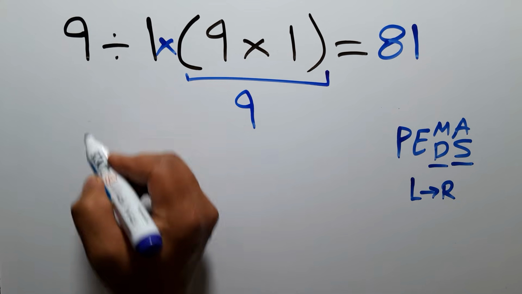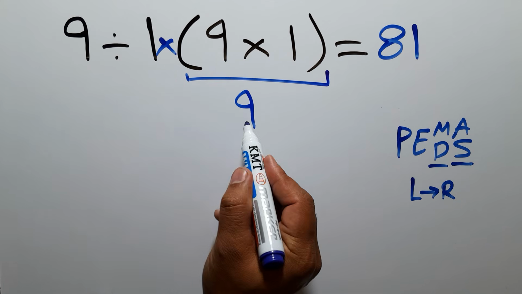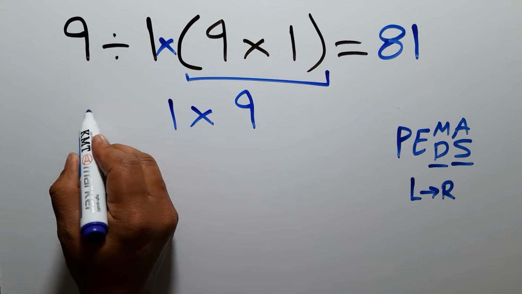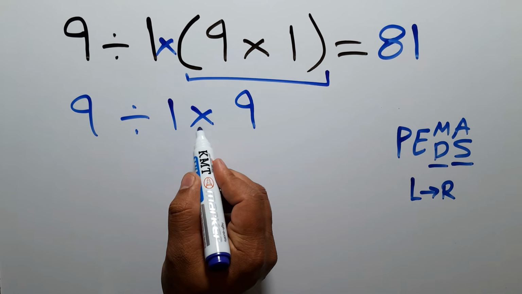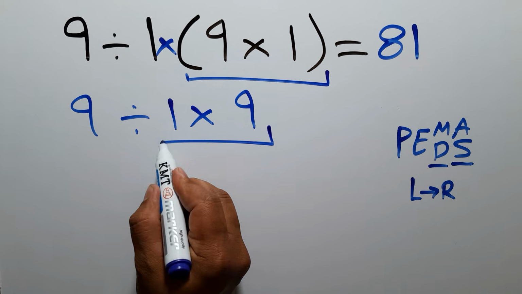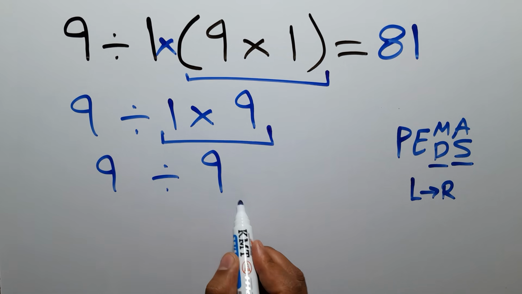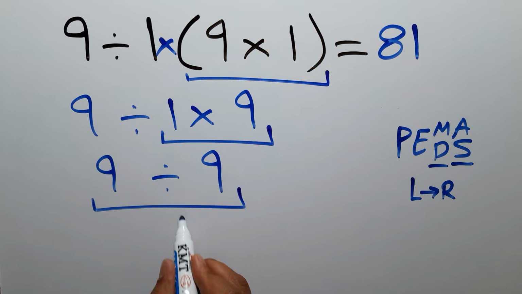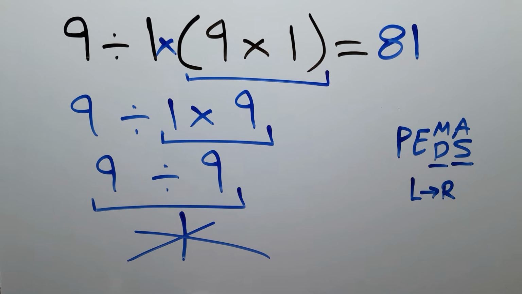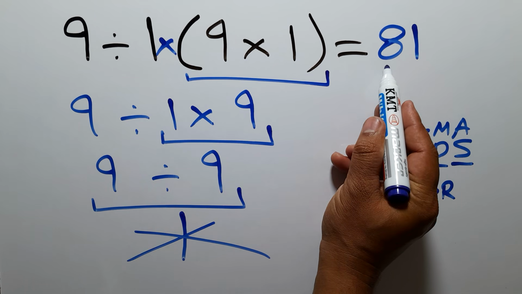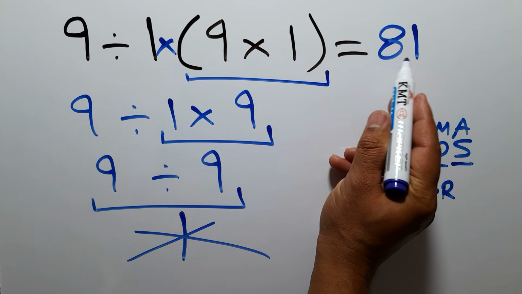Then this multiplication, 1 times 9 is just 9. So we have 9 divided by 9, which equals 1. But this answer is not correct. And the correct answer, as I said, is just 81.